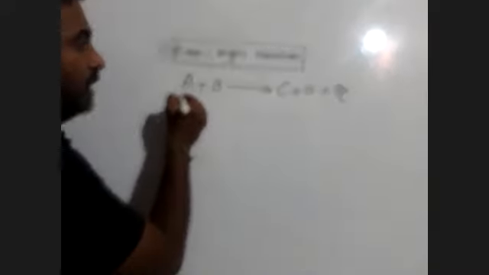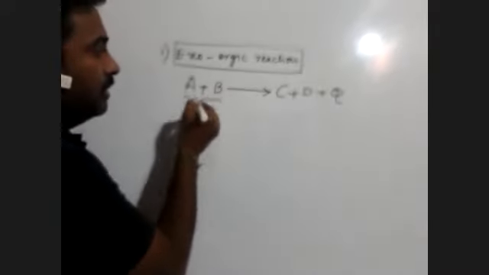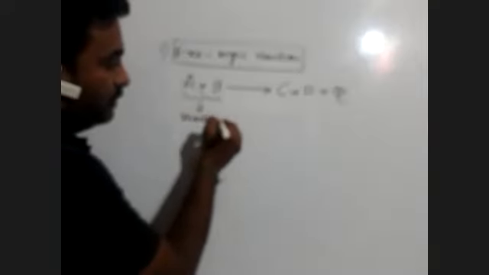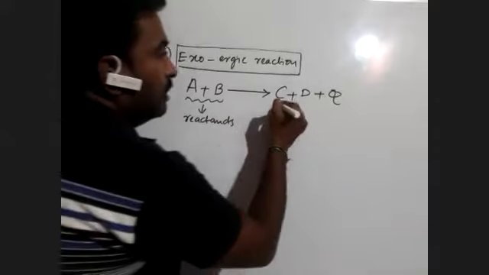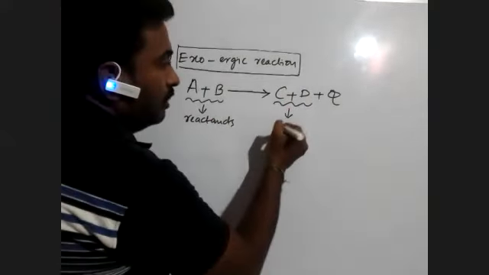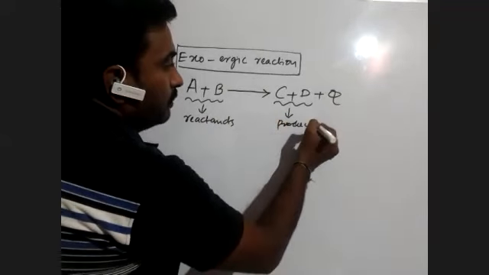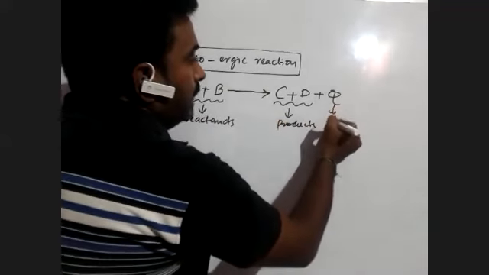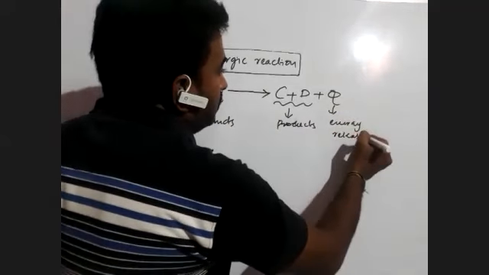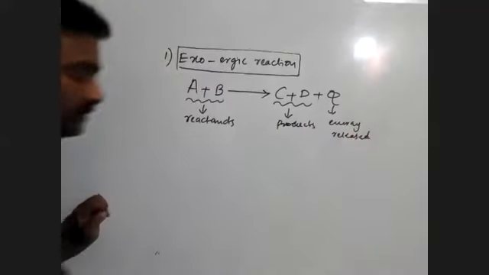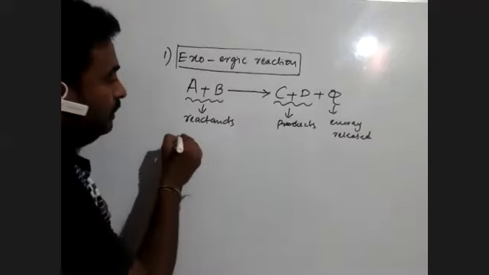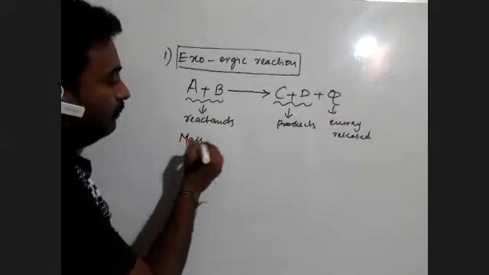So A, B are called reactants, C, D are called products, and this is the energy released.